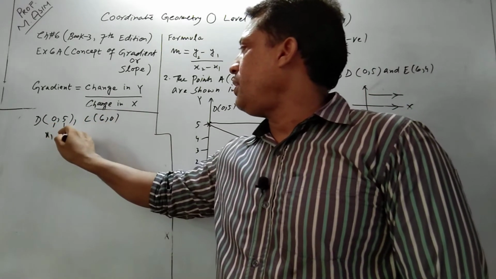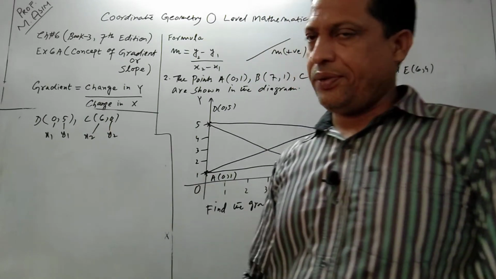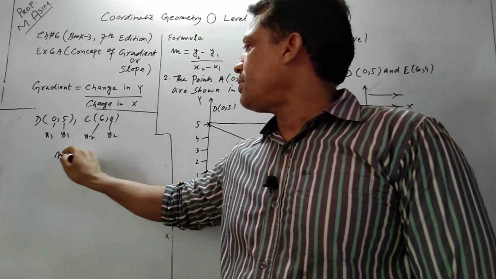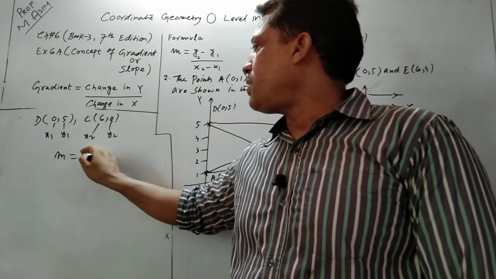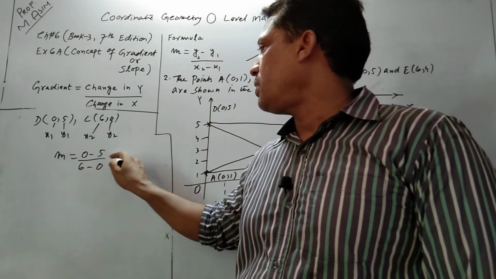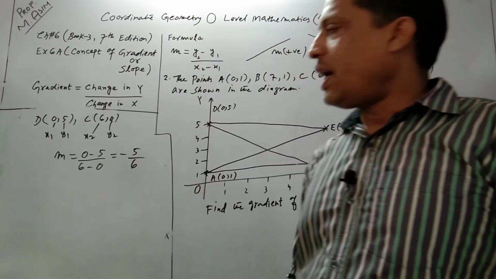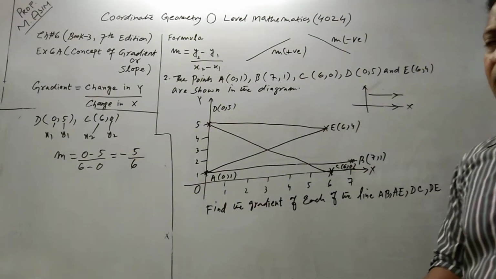This is x1, this is y1, this is x2, this is y2. So the gradient is 0 minus 5, y2 minus y1 upon x2 minus x1. 0 minus 5 is minus 5, 6 minus 0 is 6. Again, see the gradient is negative.